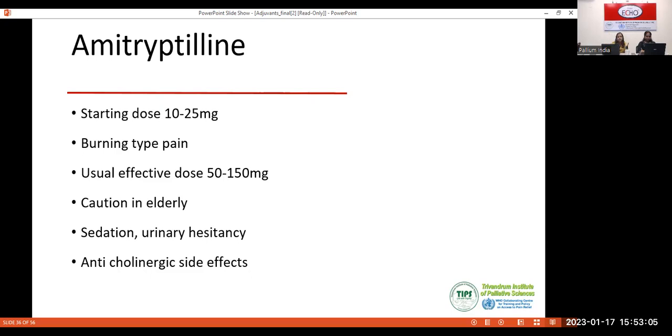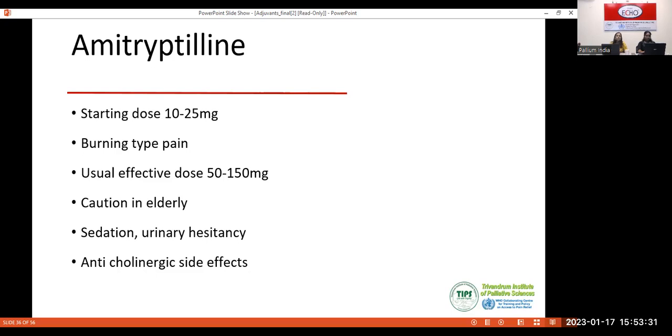When you treat pain, the doses are pretty low. This is not an antidepressant dose. This is the analgesic dose. So amitriptyline is an antidepressant, a tricyclic antidepressant. It's a prescription drug. You can't just go and get amitriptyline from a medical shop because people use it for depression or for sleep. So the starting dose for pain management is 10 milligram or 25 milligram.